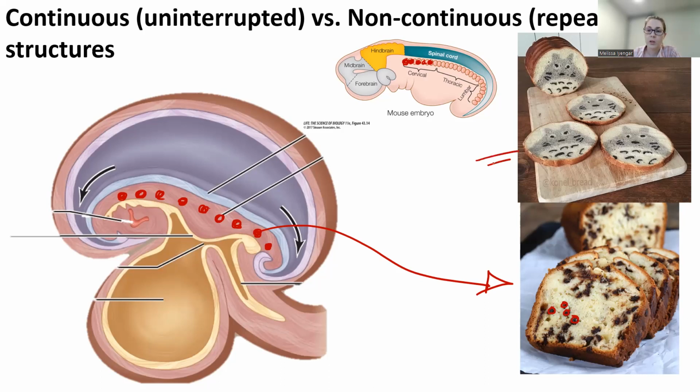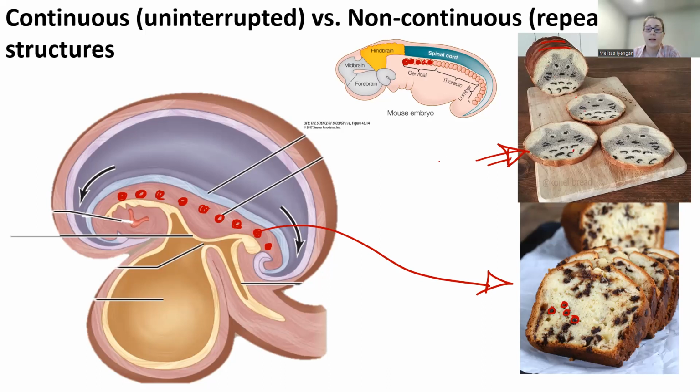Whereas you can make really cool continuous structures in your bread, like they do in Japan, maybe you can build yourself a little cat. I think that's a cat. In your bread, every slice that you've taken, you see the same thing.